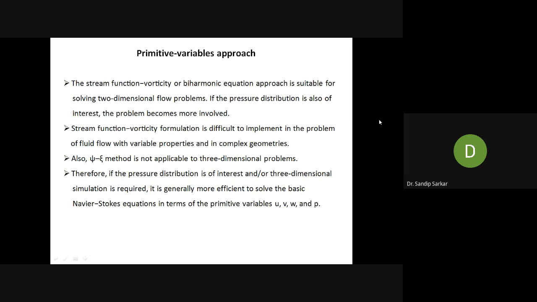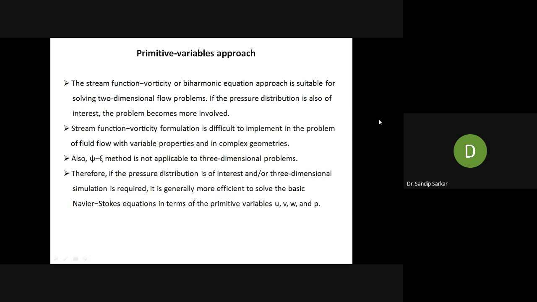Through the primitive variable approach, one can solve the Navier-Stokes equations, that is the momentum equations, to calculate the velocity and pressure distribution for a flow happening in any flowing media, incompressible or compressible, whatever it may be. One should apply the primitive variable approach for the numerical solution of the Navier-Stokes equations.